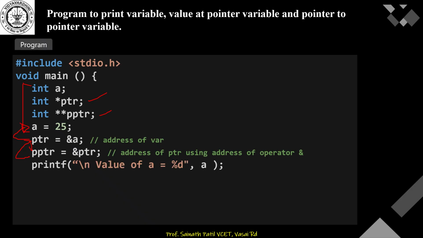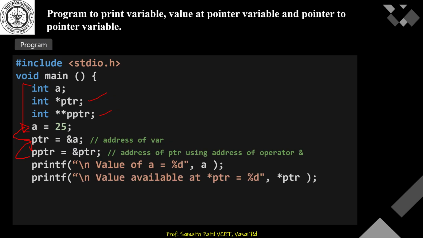Then we'll print the value of a, comma a, so it will display the value of a itself. Then printf value available at *ptr, that is star ptr is nothing but value at, so %d, *ptr, the value at ptr. So ptr has the address of a, so the value at the address of a is nothing but a.